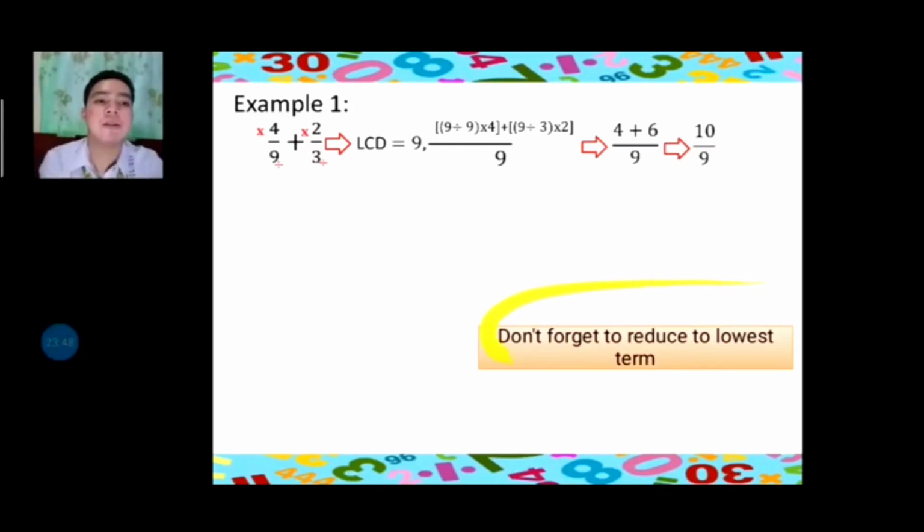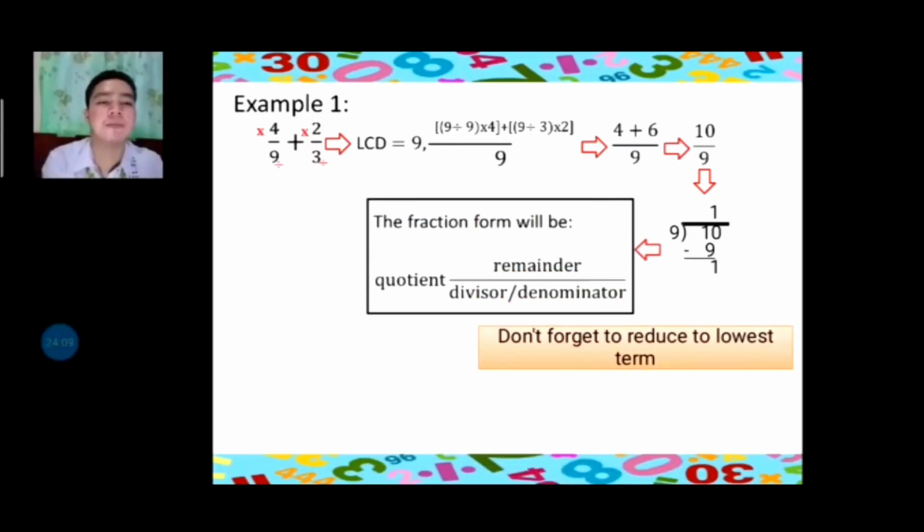Then don't forget to reduce it to lowest terms. To do this, divide the numerator 10 by the denominator 9, that is 1. 1 times 9 is 9. So 10 minus 9 is 1. What will be our answer in fraction form?